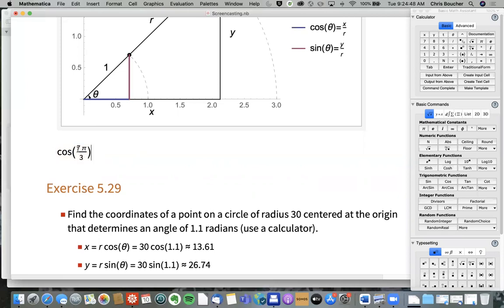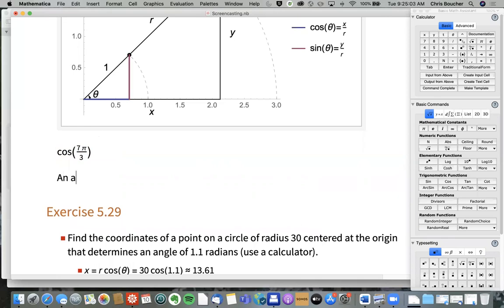So the first thing to realize here is that 7 pi over 3 is 2 1/3 pi, right? 7/3 is 2 1/3. And 2 pi is one complete revolution around the circle.